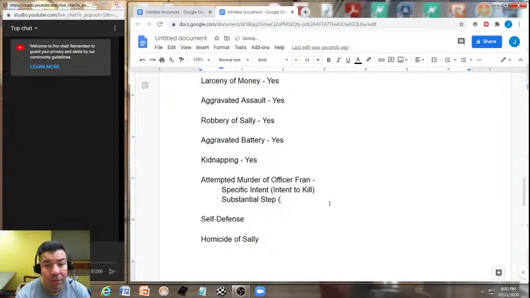And we could even argue, if we want to, there's a proximity test as well, which means the next proximate act, which would have been the bullets impacting Officer Fran, would have brought about the death of Officer Fran. So even if the substantial step was not enough, the proximity test could establish that Doug had gone from mere preparation to actual perpetration of the crime of intent to kill murder.